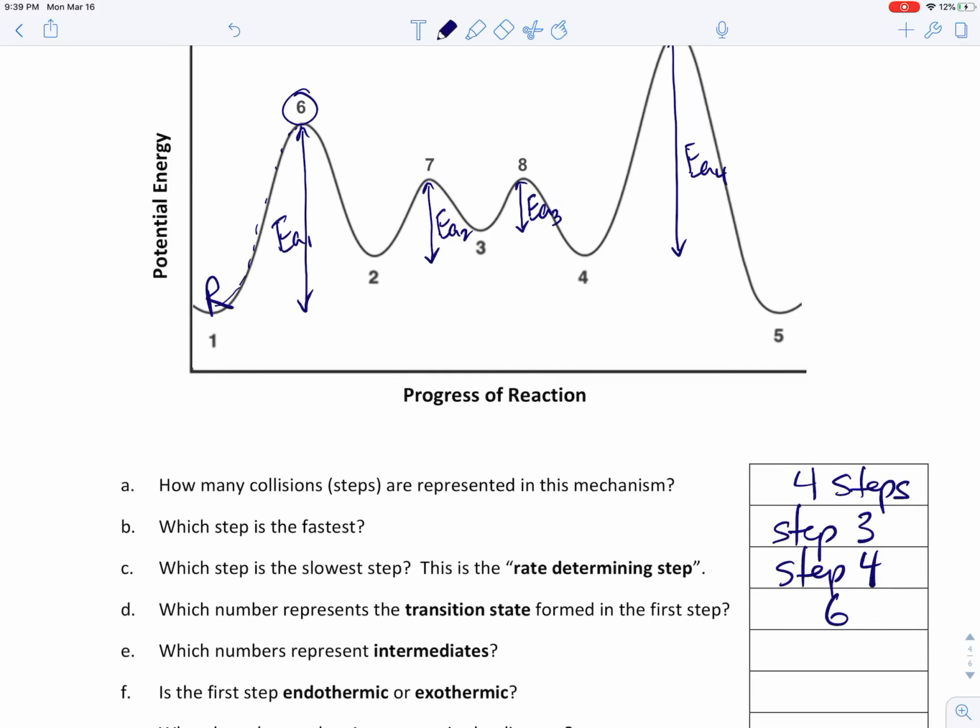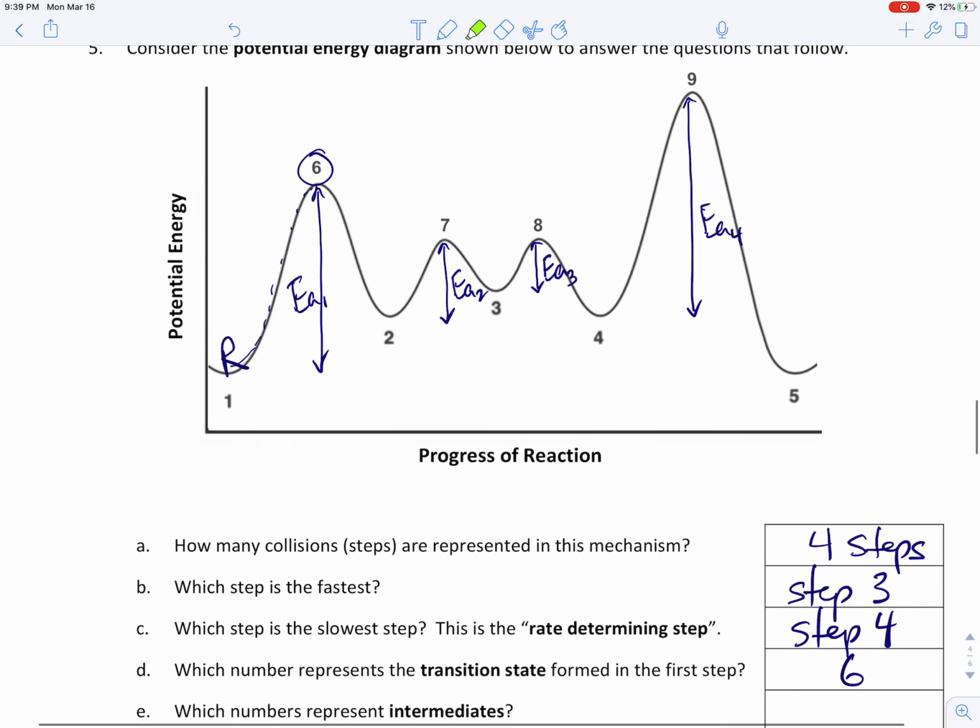Which numbers represent intermediates? Well, remember that the intermediates are the products of one step and they become reactants in another step. So number 2 represents the products in the first step. So the first step, there it is. Number 2 is the product of that step. But number 2 can also be thought of as the reactants in the second step. And as you go through the second step, you end over at number 3. So 2 was the product of step 1 and the reactant in step 2.